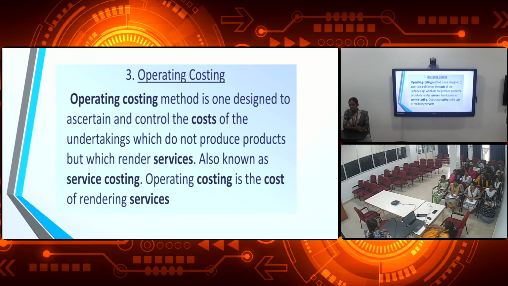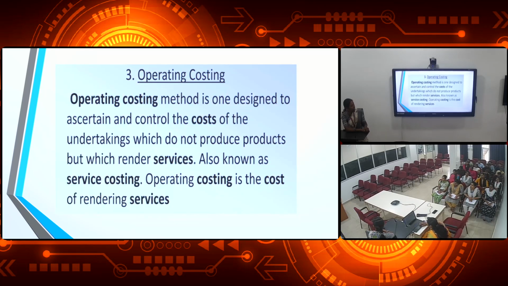The HR people, human resource people, supply some group of people for assignment to a particular job. They are not rendering any product to us. They are providing services to us. That is also a market, right? So in that, we can ascertain the cost by using the operating costing method. It is also known as service costing.